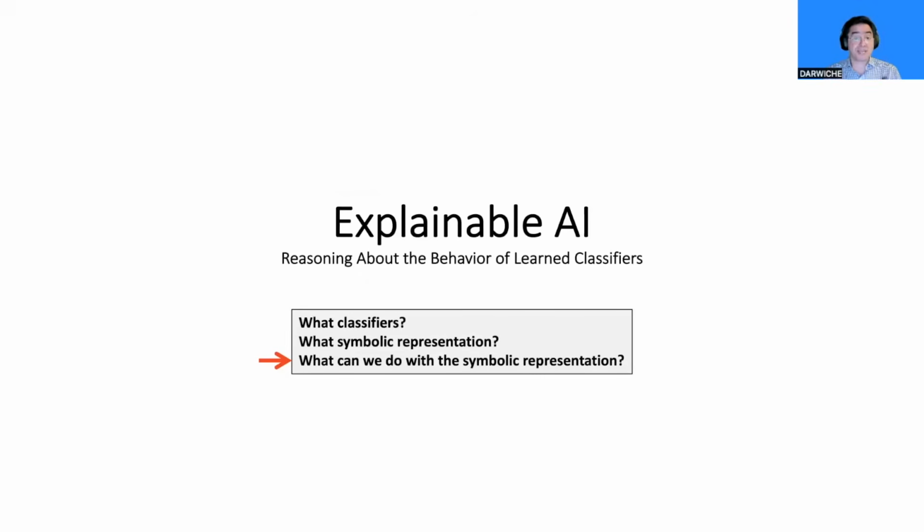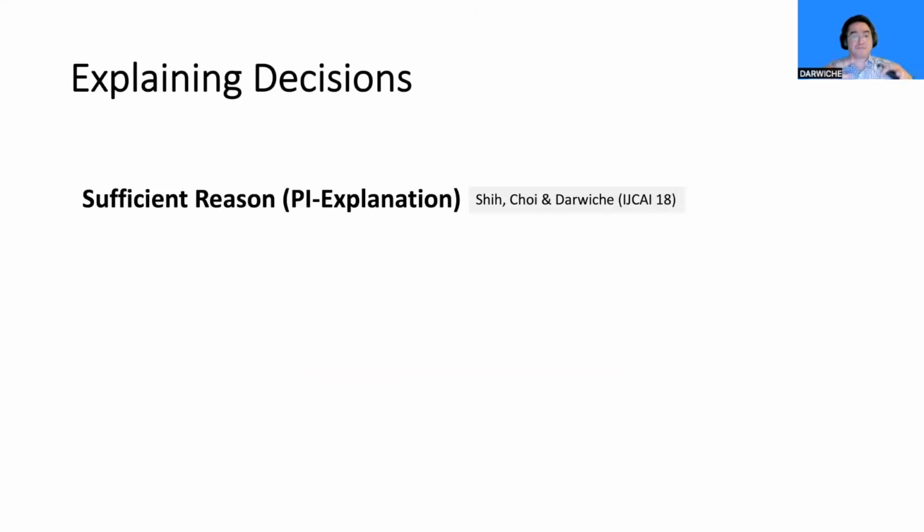All right, so now we can get started with the beef, which is what do we do with these representations? Meaning, assuming that you took your classifier and somehow managed to compile it into a set of class formulas, one class formula for each class, what can we do? And what we'll do is answer a number of questions in Explainable AI. We're going to start simple and then grow it.